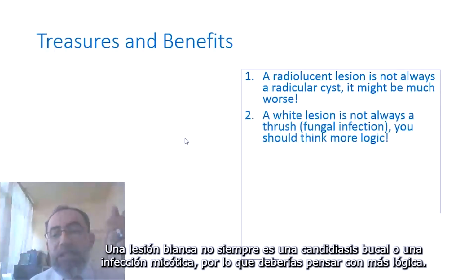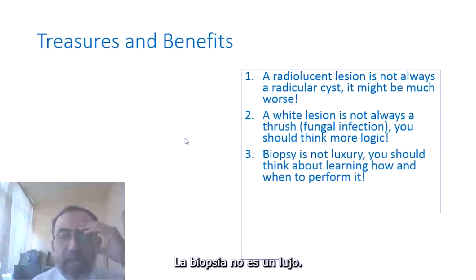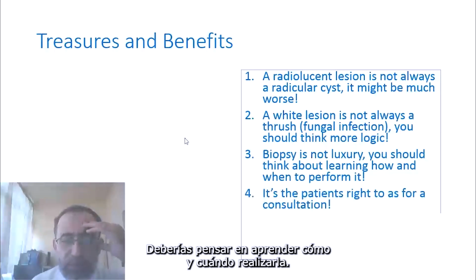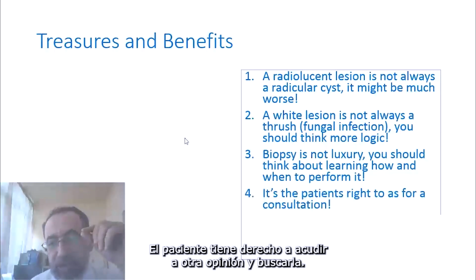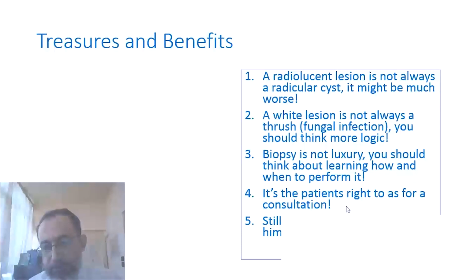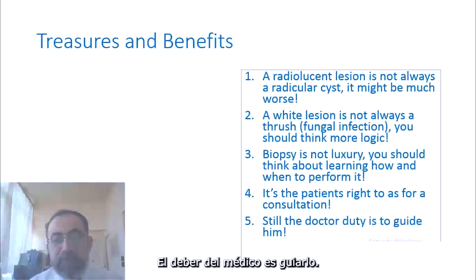A white lesion is not always a thrush or fungal infection. You should think more logic. Biopsy is not luxury. You should think about learning how and when to perform it. It's the patient's right to see and look for another consultation. The doctor's duty is to guide him.